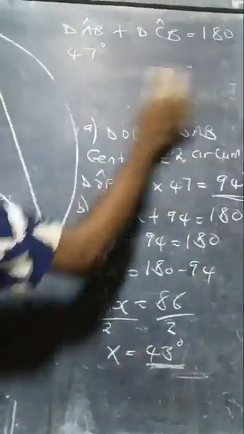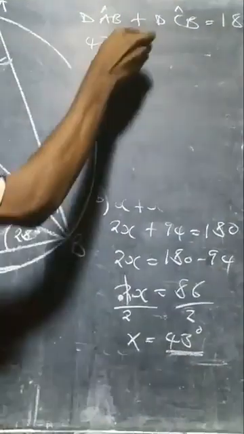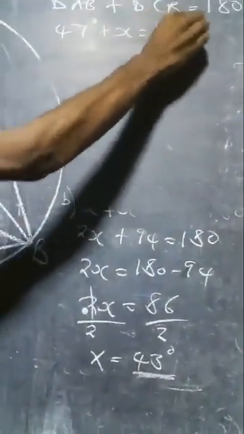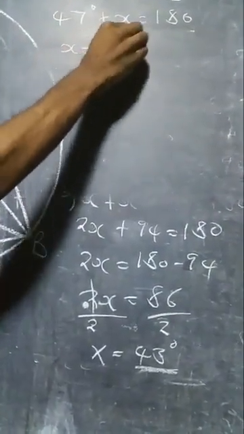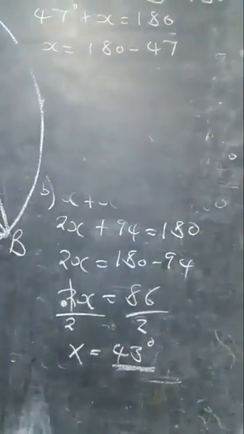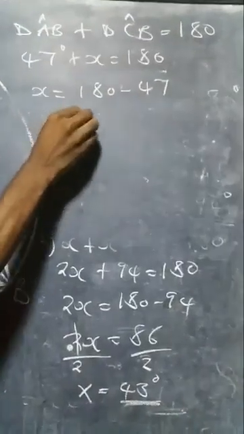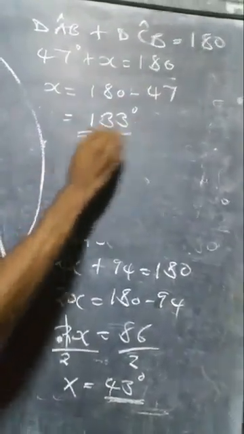So 47 plus x is equal to 180. That means x is equal to 180 minus 47. So 180 minus 47, that's 133, if I'm not mistaken.